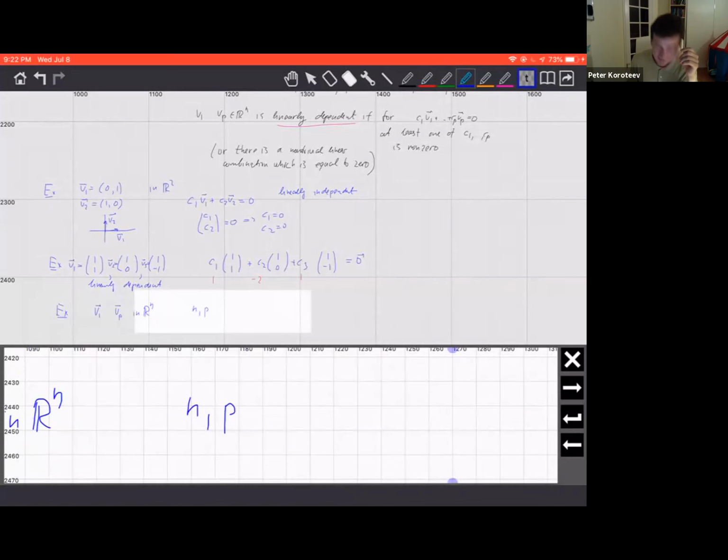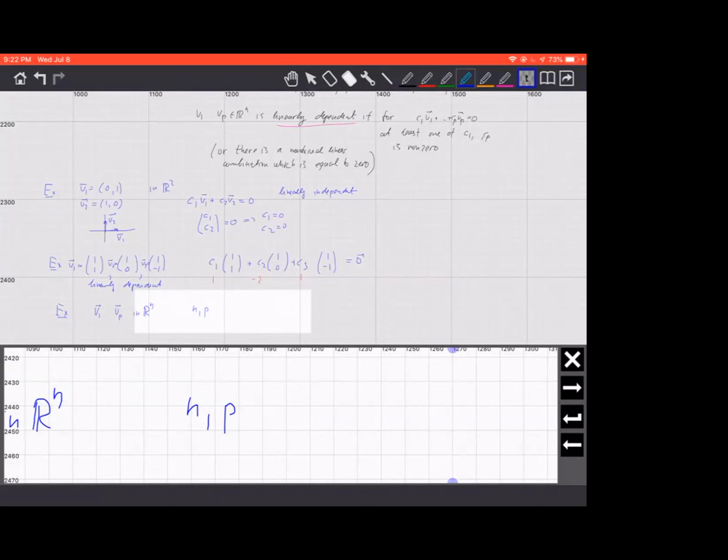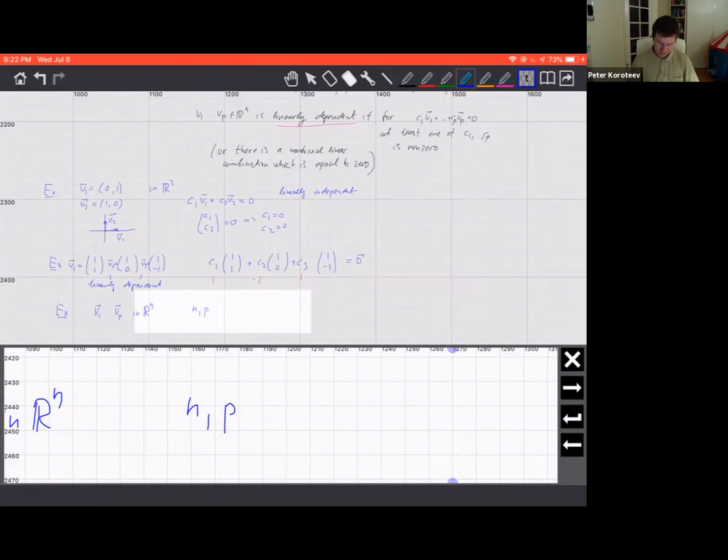What is the connection between n and p such that these vectors can be linearly independent, and when can they be linearly dependent?